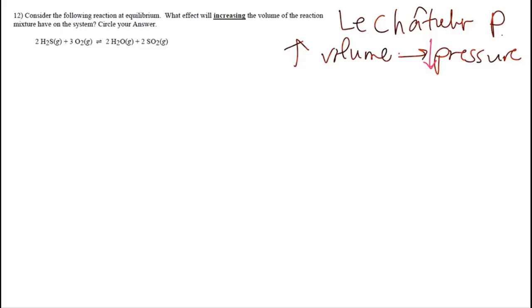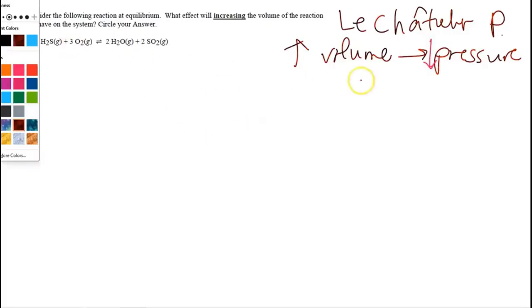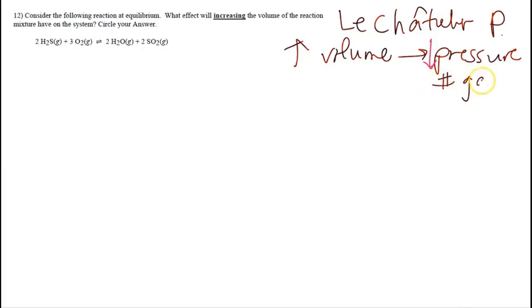You increase your volume and decrease your pressure based on the inverse relationship, okay? And so we got to make sure that we're utilizing our gas molecules now, since we're talking about pressure, in the right form. What does that mean for us? That means we have to focus on the number of gas molecules on either side to be able to figure out where the system is going to shift, left or right.